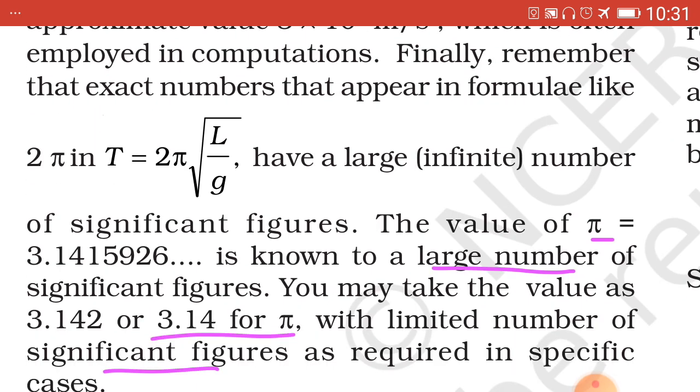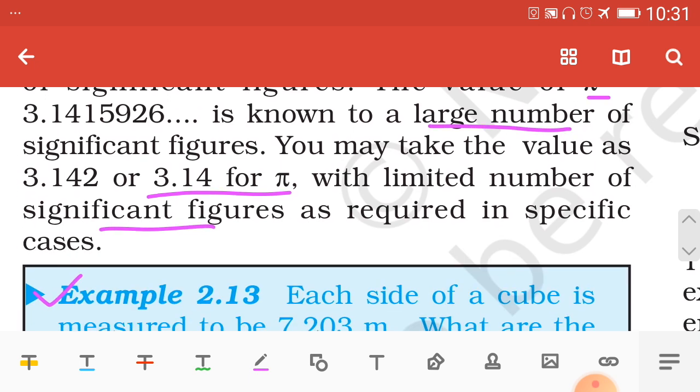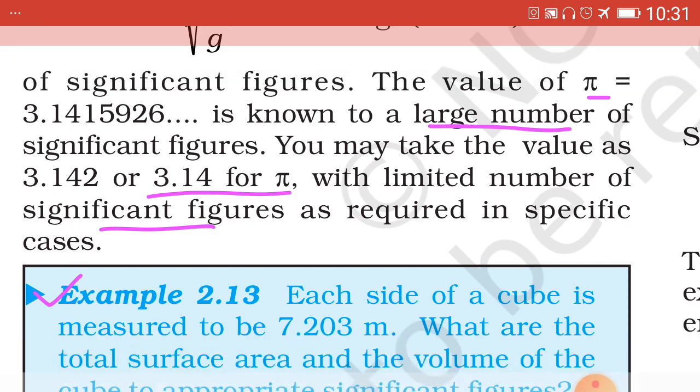Say the formula which we have already seen, capital T equal to 2 pi under root L upon g, which is the periodic time of the simple pendulum. Here the value of pi equals 3.1415926 and so on, which may have a large number of significant figures, but we take only 3.14 for pi, meaning we consider only a limited number of significant figures as required in specific cases.